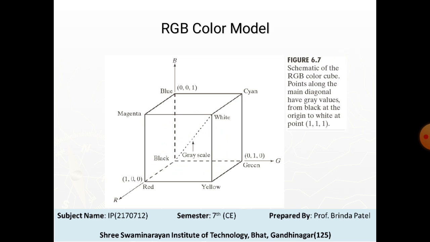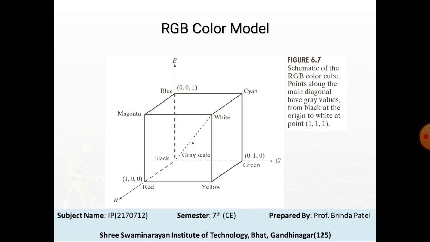Here the different colors in this model are points on or inside the cube, defined by vectors extending from the origin. The assumption is that all color values have been normalized so that the cube is the unit cube, that is, all values of R, G and B are assumed to be in the range 0 to 1.